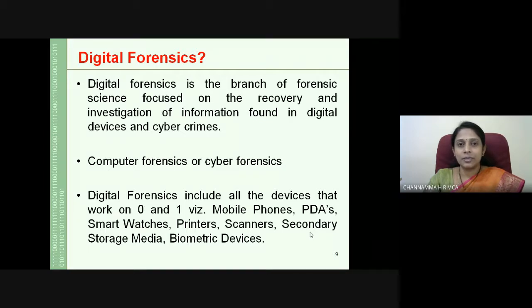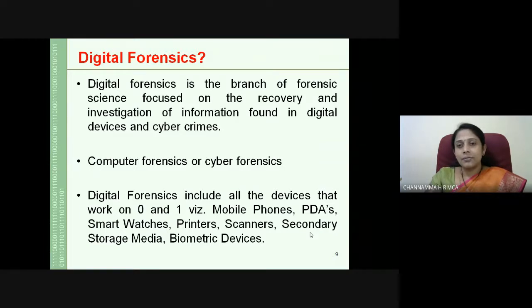introduction to cyber security or digital security, we will understand digital forensics. Digital forensics is the branch of forensic science focused on the recovery and investigation of information found in digital devices and cyber crimes. Digital forensics comes into the picture after a digital crime happens.